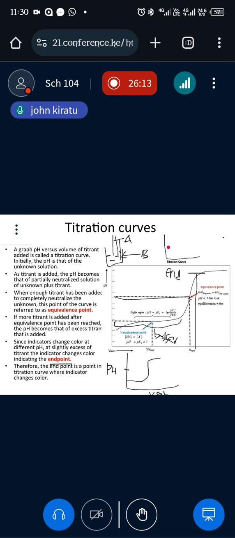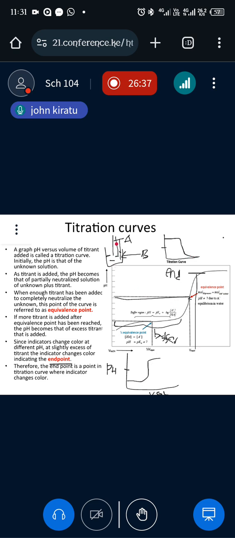So when you put your pH meter, now the pH would start above. The titration curve will look like this now, with the same definitions. This part from here to here is the buffer region. Then we have the equivalence point there, and we have the endpoint here.